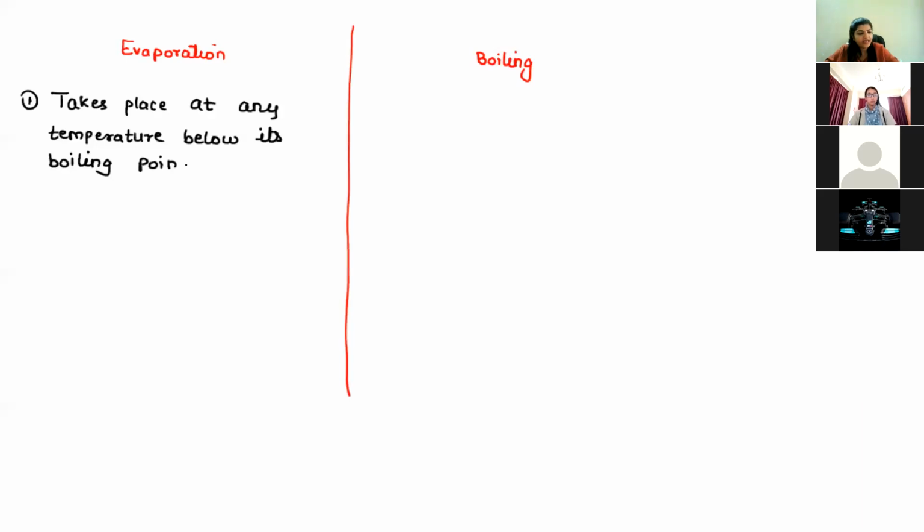So evaporation can take place at any temperature below its boiling point. And if you keep water for boiling, have you observed that it takes some time? As soon as you keep the water on the vessel, does it start boiling as soon as you keep it on for heating, or does it take time?